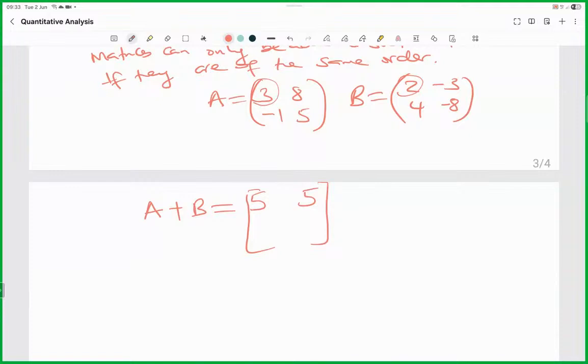Same position, this and this. So minus 1 plus 4 gives me what here? 3. Lastly, we have 5 and minus 8. Same position, minus 3.